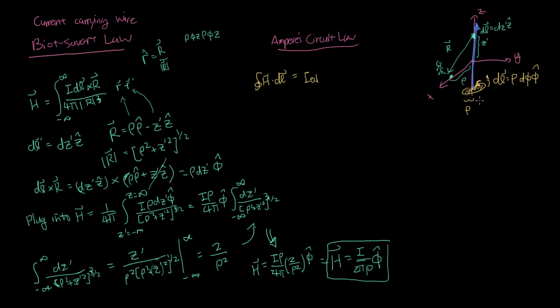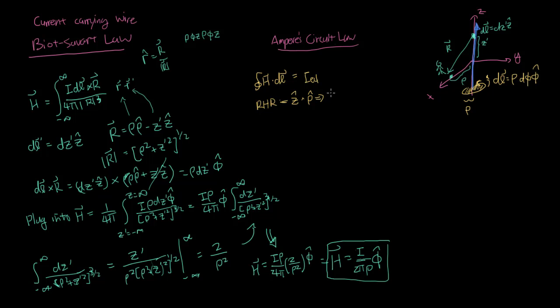So this is your dl, and what direction would the field be? If you use your right-hand rule, the field would be in the phi direction, right? If you apply the right-hand rule, you'll see the current is in the z direction, and your source observer vector is in the rho direction.